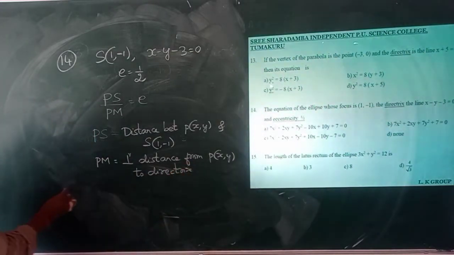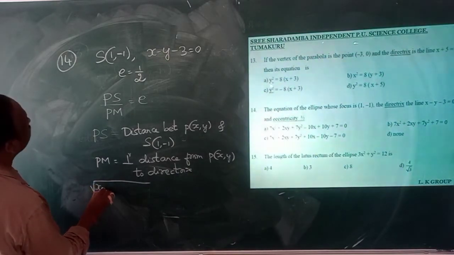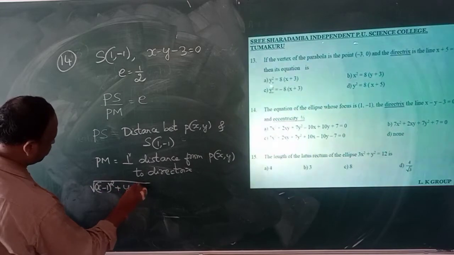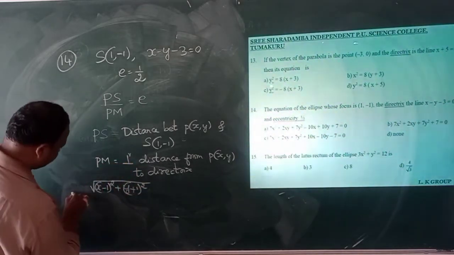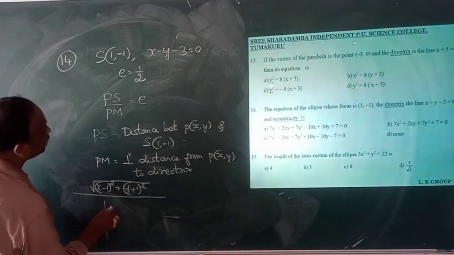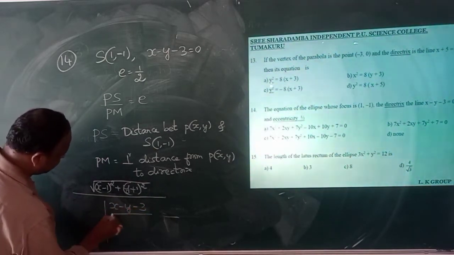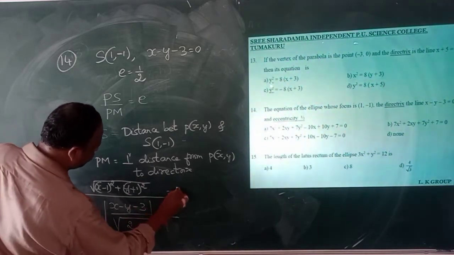So now PS is the square root of (x - 1) whole square plus (y + 1) whole square. PM, that is the straight line formula, is (x - y - 3) divided by root 2, and this is equal to 1 by 2.